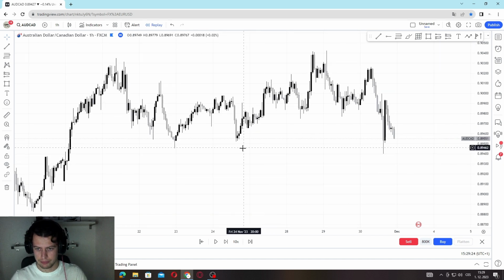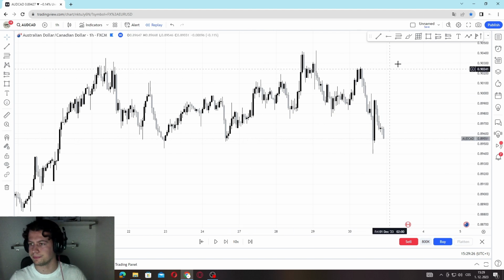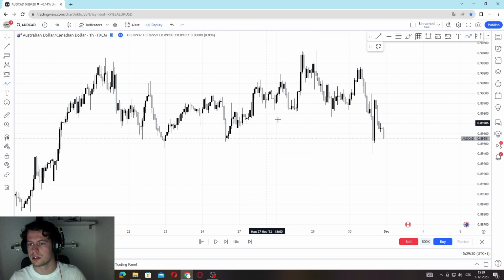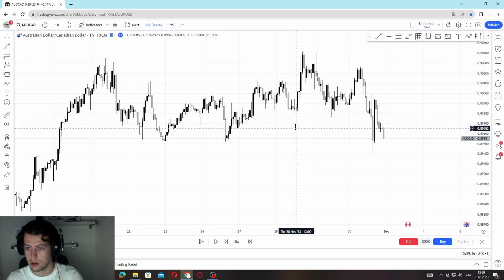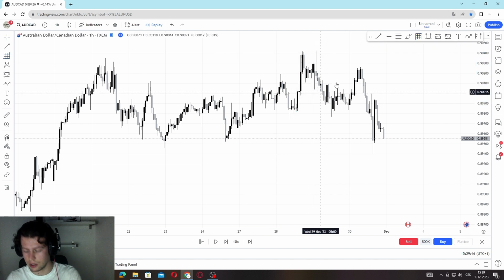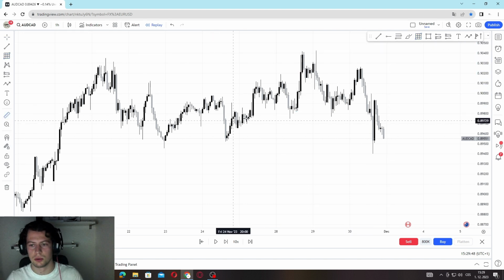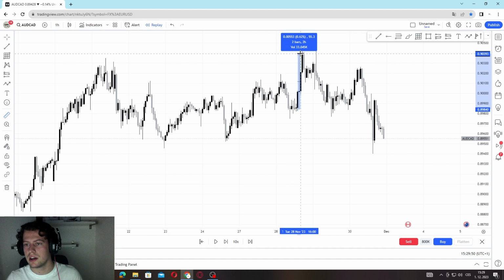So for example, here you have, I will bring this, this move is really strong because you have only 2, 3, 4 candles, and it made, sorry, it's this tool, it made 57 pips.